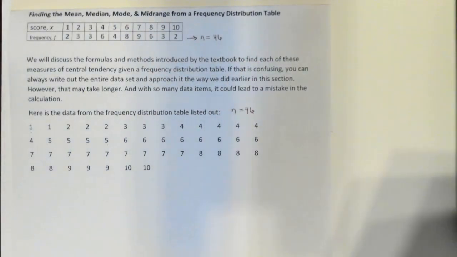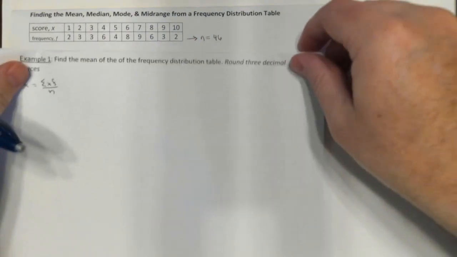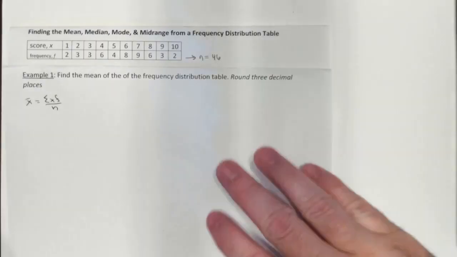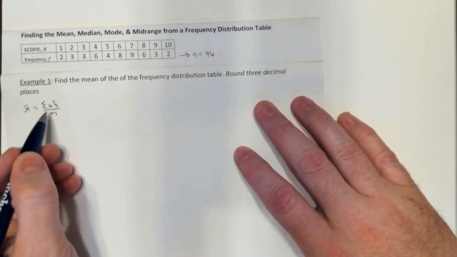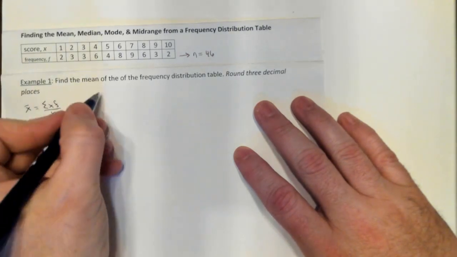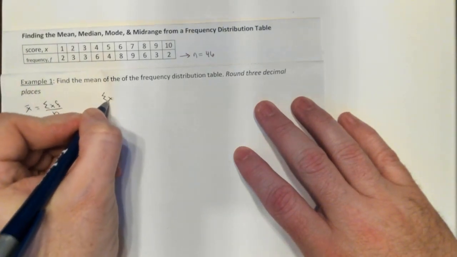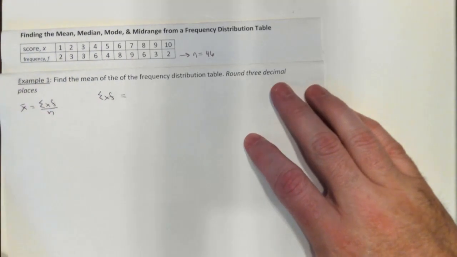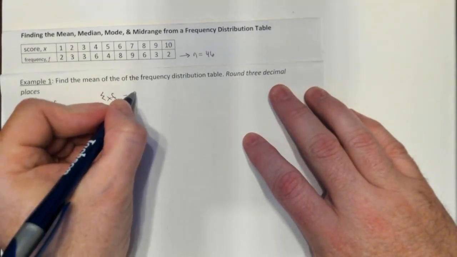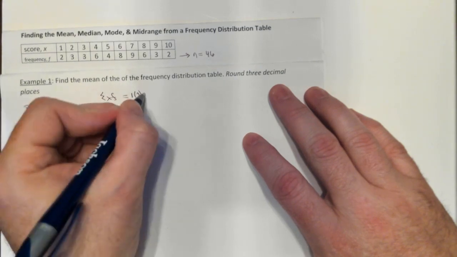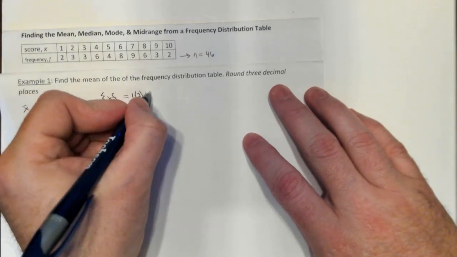I'm going to do a little bit of modification on my paper. So, again, I want to use the table itself. All right. So, what I have to do, the sigma xf, is this process. And again, I don't know if I would write it out, but to show you, I'm certainly going to write it out.